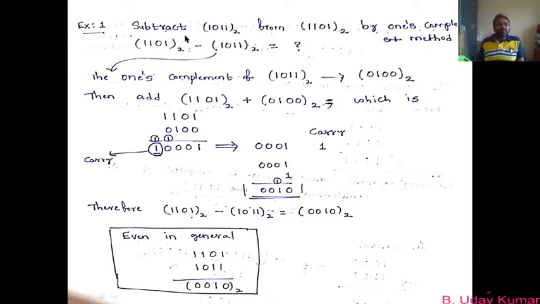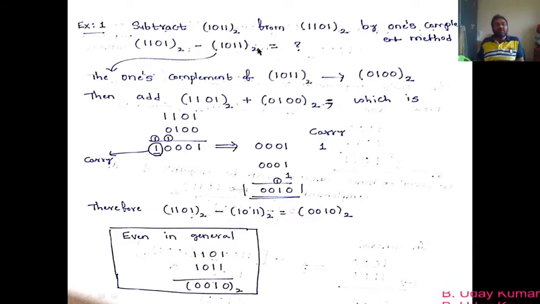What do you have to subtract here? You have to subtract 1011 from 1101 to the base 2. So that means 1101 to the base 2 minus 1011 to the base 2 you have to find. So this is the question mark. That means this is the answer that you want to find.